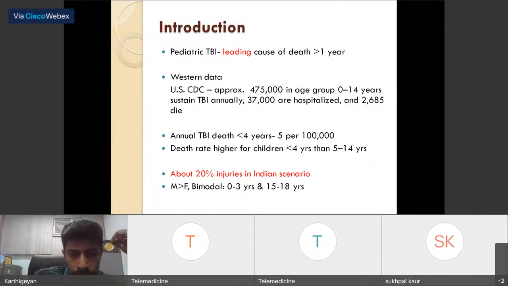This is data from the Centers for Disease Control and Prevention, which says approximately 4 million children in the US suffer TBI annually. In our setup, almost 20% of injuries we see in our trauma center occur in children. There is a bimodal distribution normally seen in TBI in the pediatric age group: one peak in less than 2 to 3 years, and the other in adolescence.